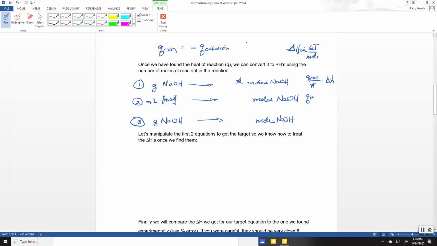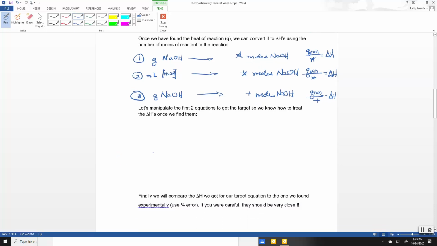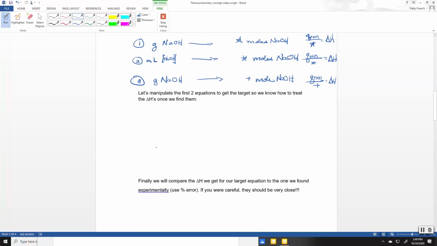So Q reaction divided by this number of moles will give you delta H for the second reaction, and Q reaction for the third reaction divided by this number of moles will give you the delta H. Okay, so that's fine. We now have done the reactions, figured out the delta H per mole in kilojoules per mole for each of those three equations.